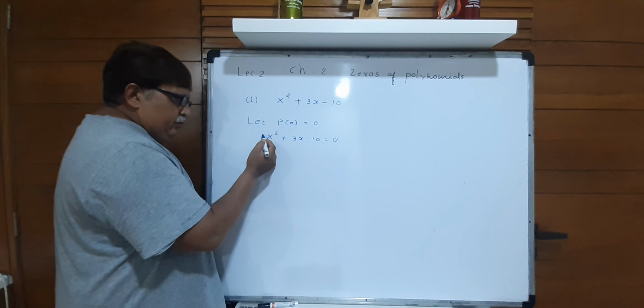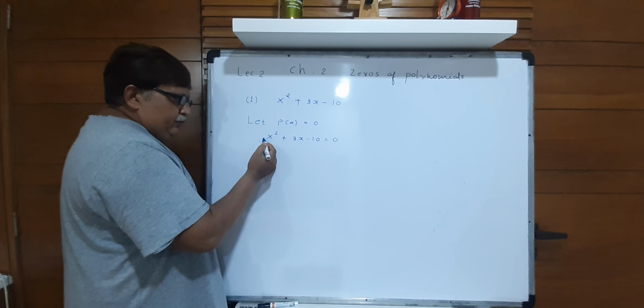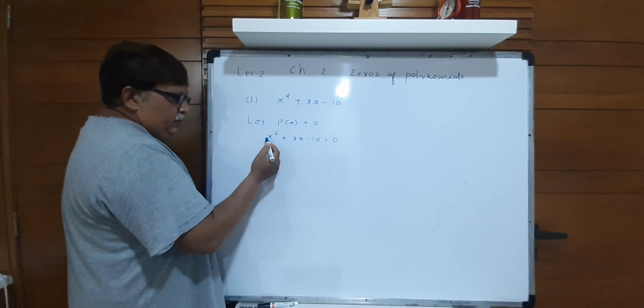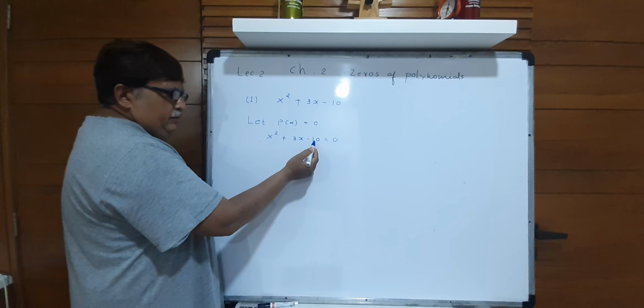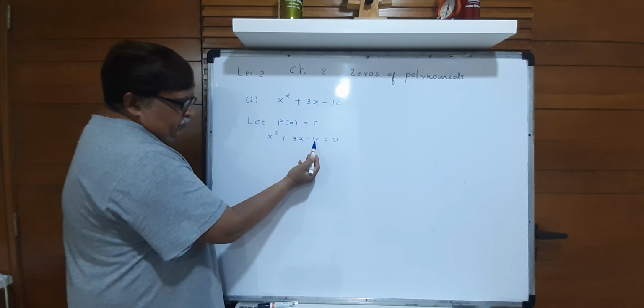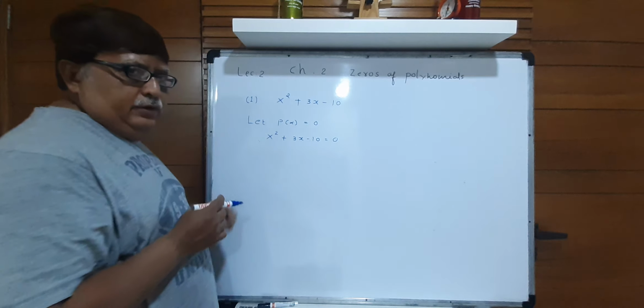Here there is no coefficient, so 1, and always you multiply first coefficient with last term. 1 tens are 10. Now the logic. Such factor of 10 whose subtraction is 3, obviously.